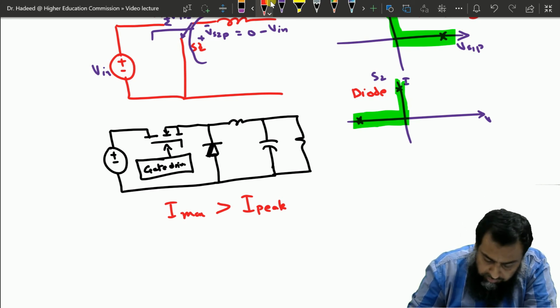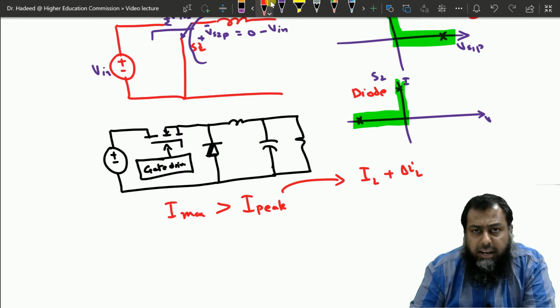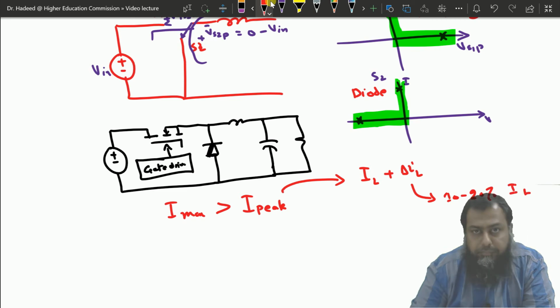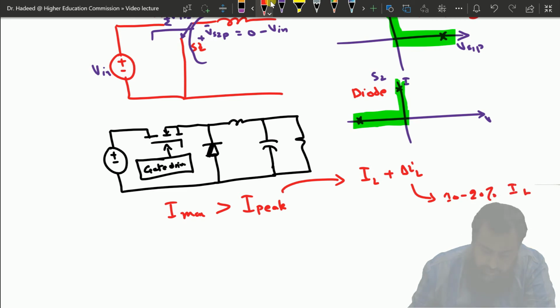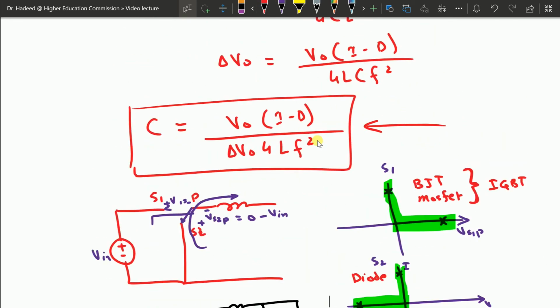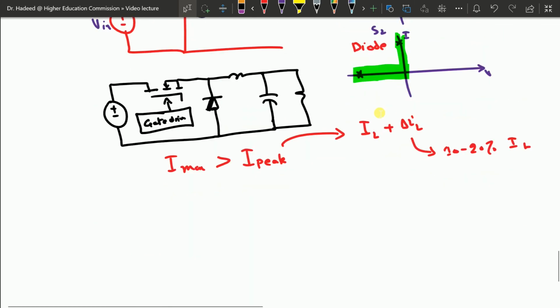And how do we find this I peak? This is equal to IL plus delta IL, and delta IL is usually specified as 10 to 20% of the IL. Now one more very important thing is that this delta IL plays a significant role in defining this I maximum.